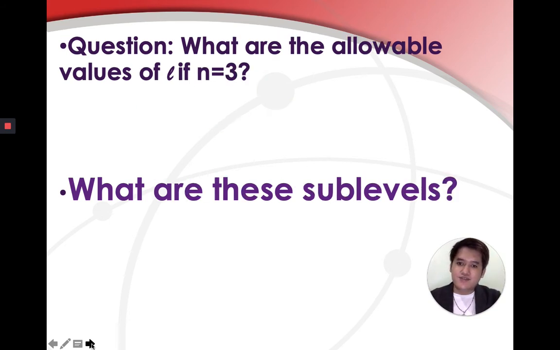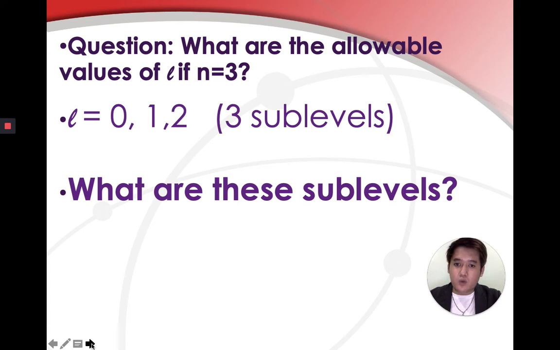All right, so for example, what are the allowable values of L if n is equal to 3? What are the set of possible values? You have 0, 1, 2, and these are the 3 sublevels only.